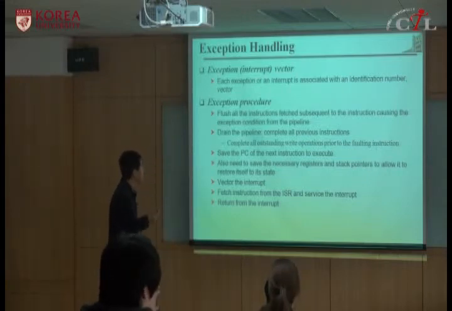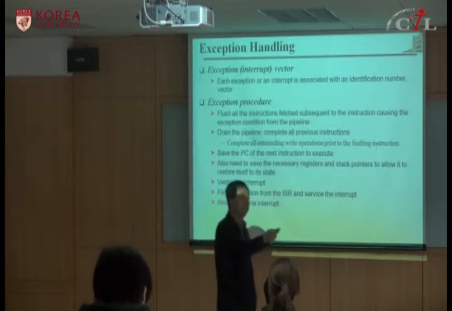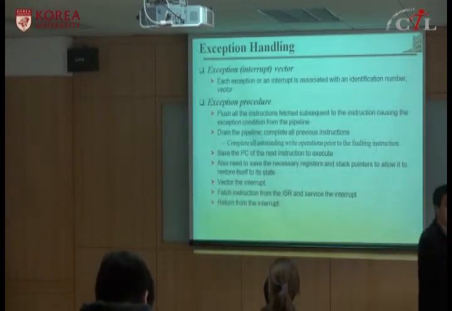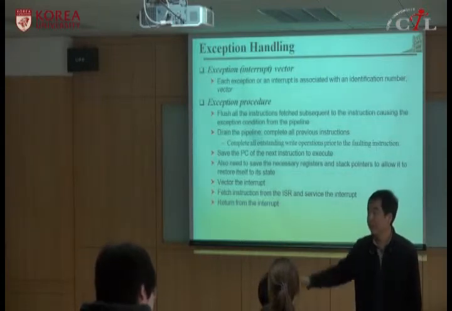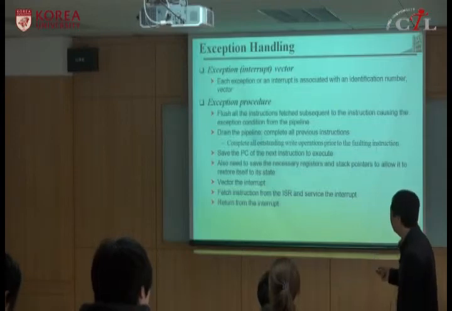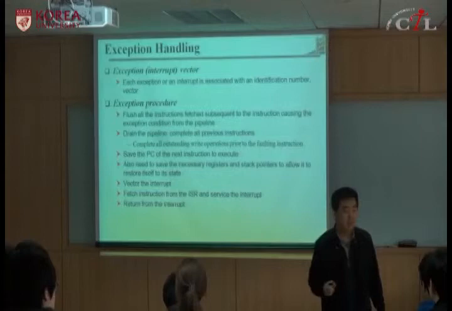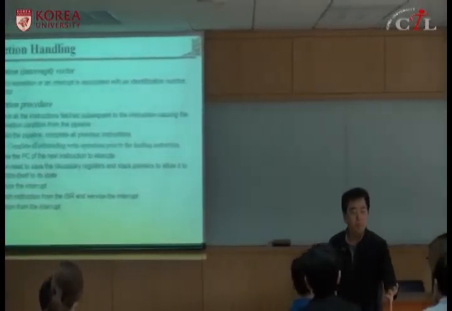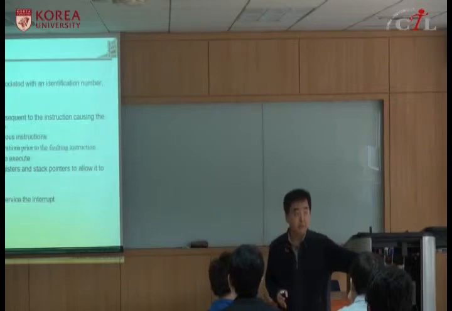On an exception, you flush all the instructions fetched subsequent to the instruction causing the exception. If this instruction is causing an exception, you have to flush all the instructions behind, because you have to restart anyway. You have to drain the pipeline and complete all previous instructions. You have to wait until all these previous instructions retire.